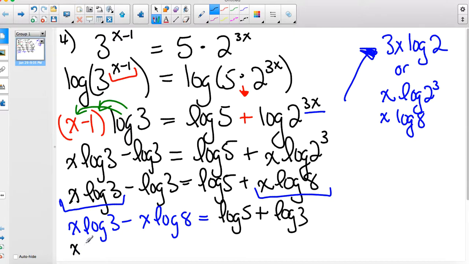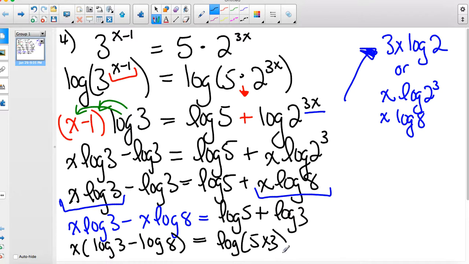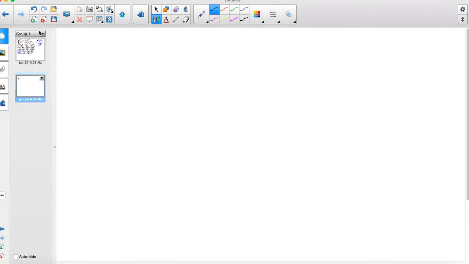So x times (log of 3 minus log of 8) is equal to, well, you could rewrite this or you could do the properties, which is combining it in one shot, and that's 5 times 3 because a plus becomes a multiplication.